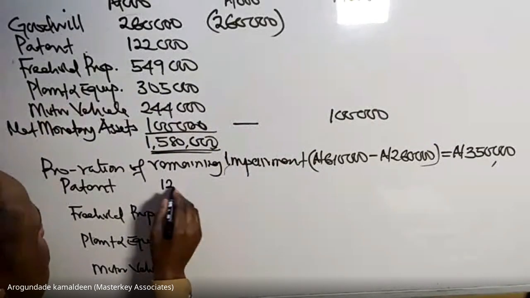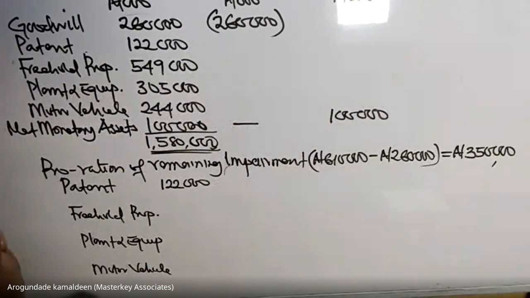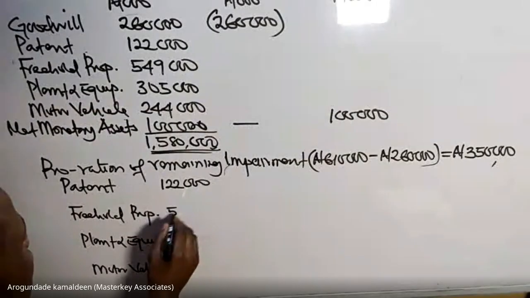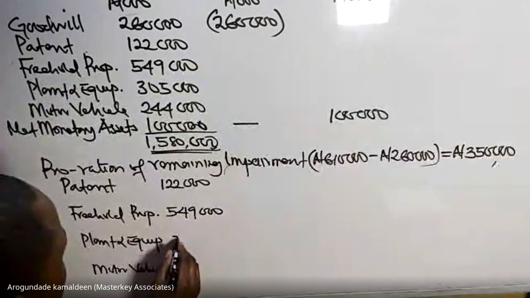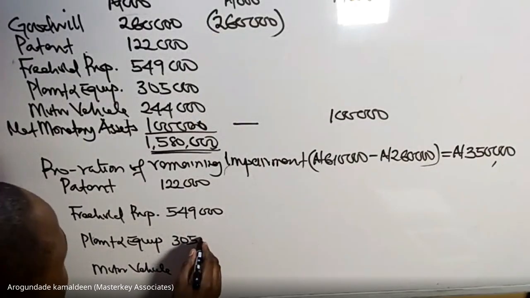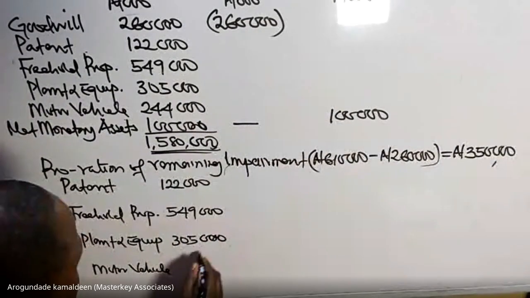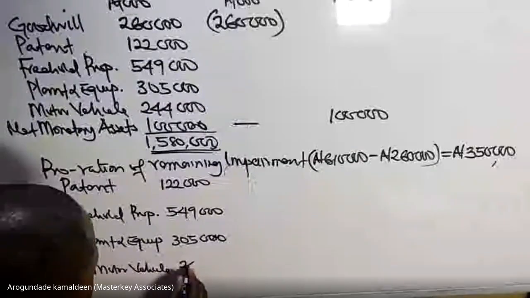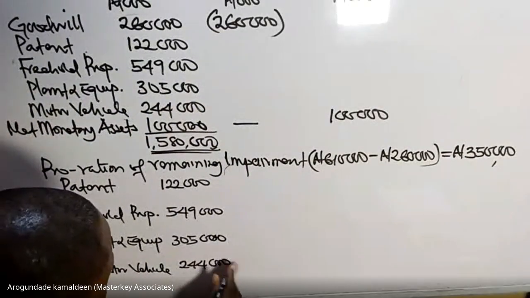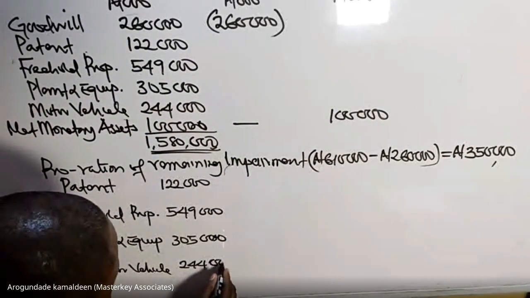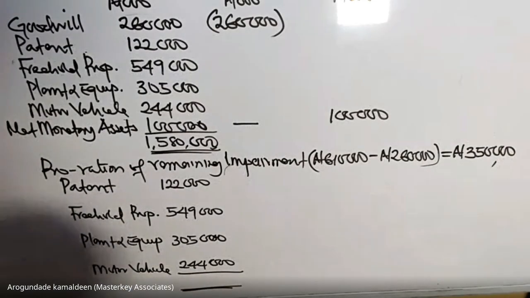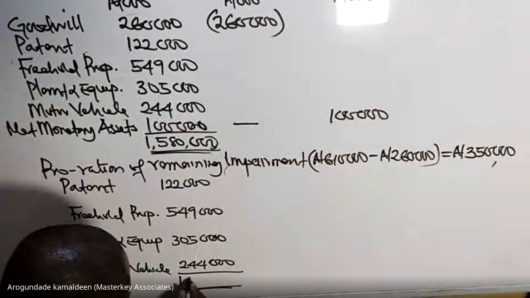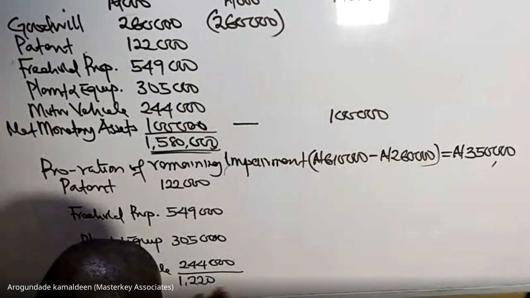Here we have 122,000, the patent; 549; 305; and 244. So the total value of this now is 1,220.